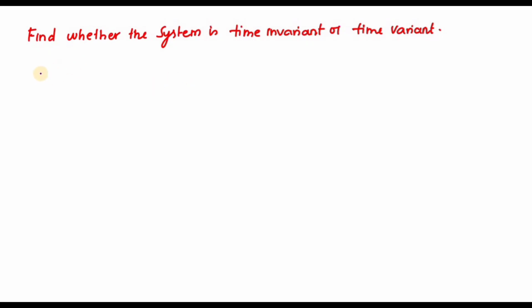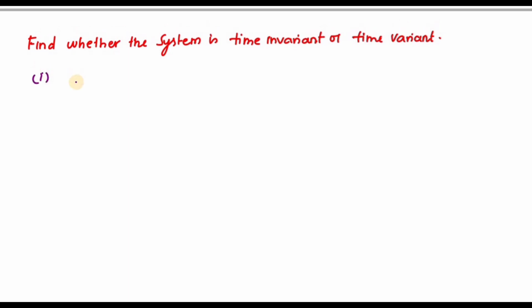In the first, they are asked to find whether the system is time invariant or variant. So the first question is y of t is equal to x of t square.